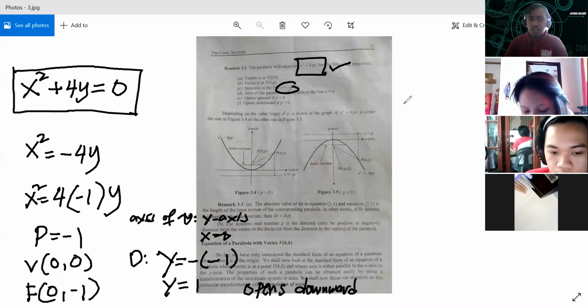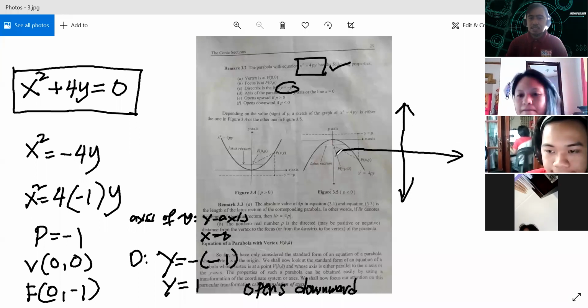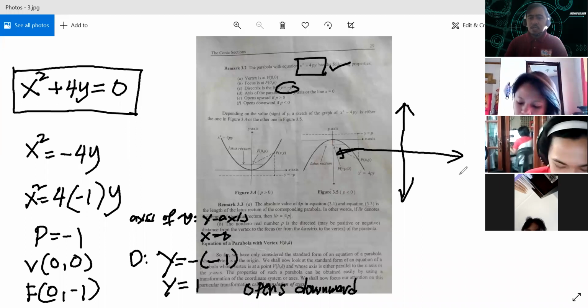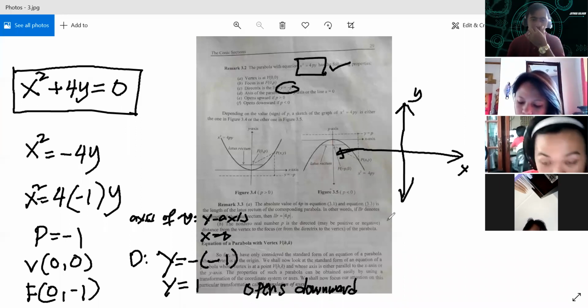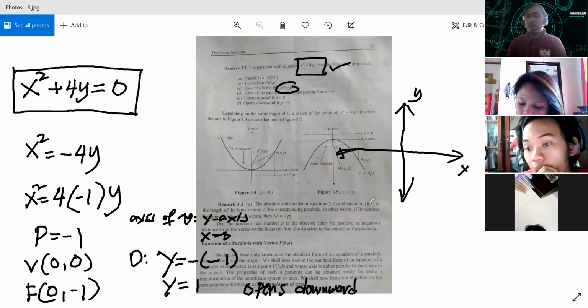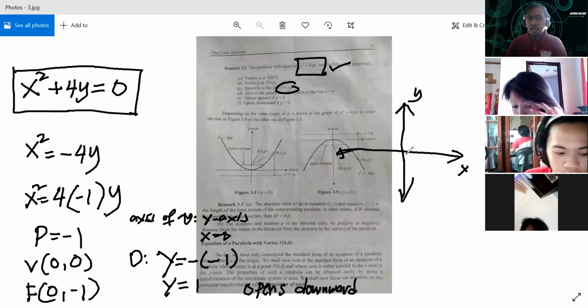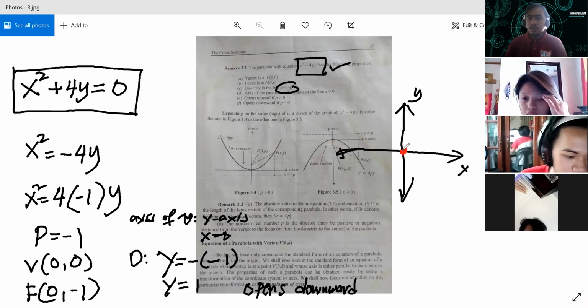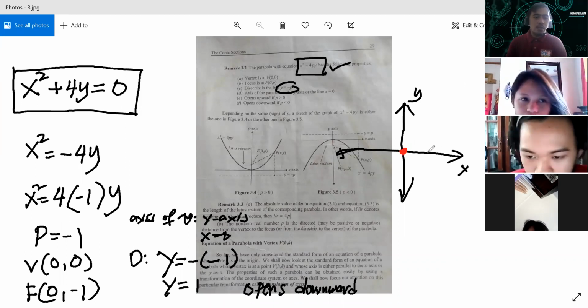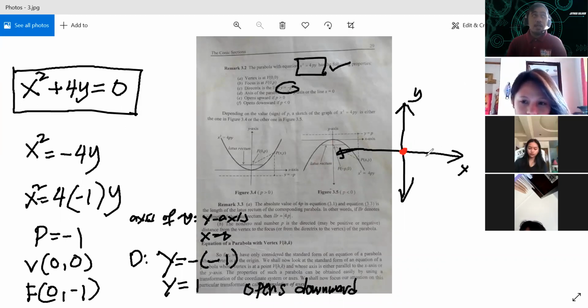Let us now sketch the graph. It will look like this. This is your x-axis. This is your y-axis. First, we will plot our vertex. Where is our vertex? At the origin. So the focus is at the point 0, negative 1, and that is somewhere here.